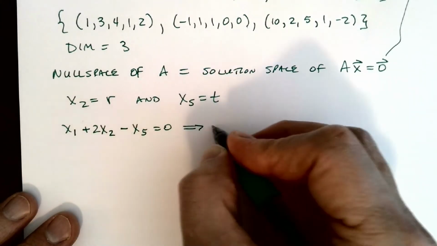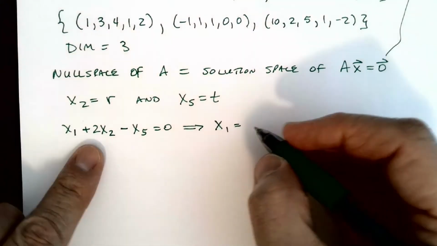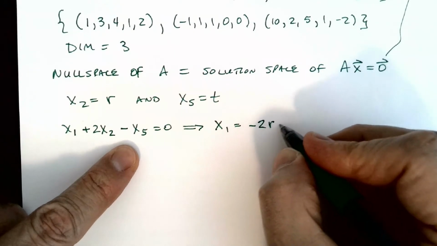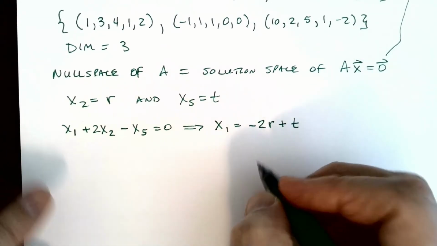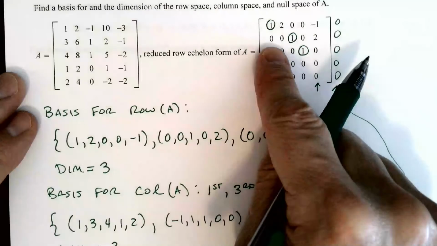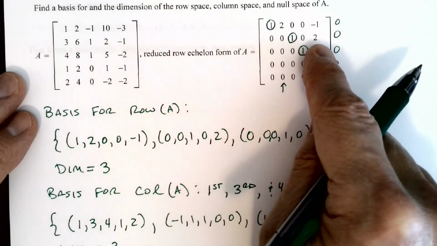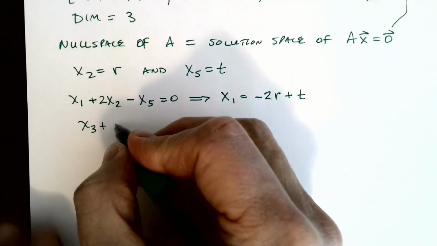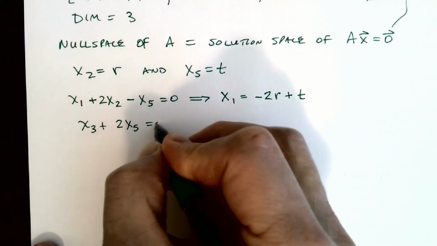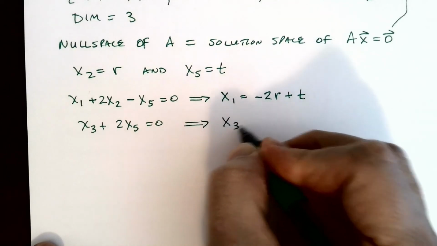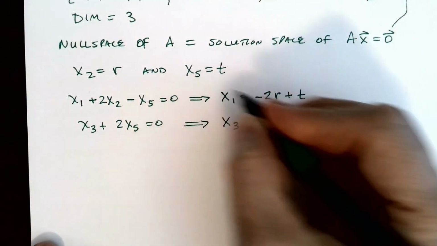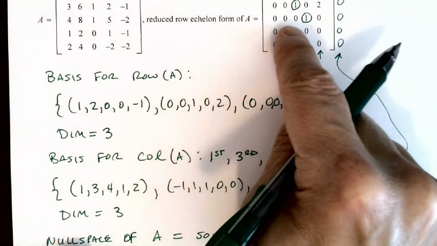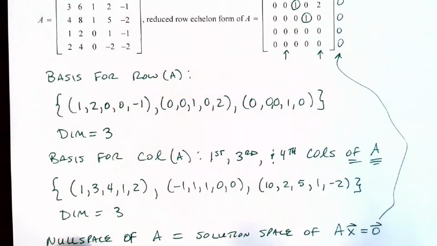And so I can solve for x of 1, our fixed variable: subtract 2x2 or 2r, add x of 5 or add t. Second equation, x of 3 plus 2x of 5 equals 0. Solving for x of 3, our fixed variable, negative 2x of 5 or negative 2t. And the last equation with a leading one says x of 4 equals 0.